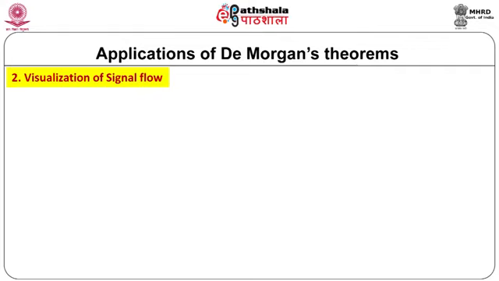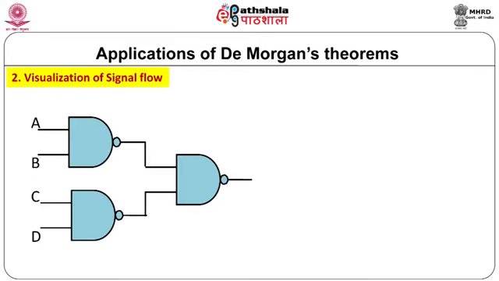Similarly, the output without bubble is to be connected with a gate without bubble. So, thus in the first diagram we have 3 NAND gates connected as shown here with 4 inputs A, B, C and D and the output is Y.